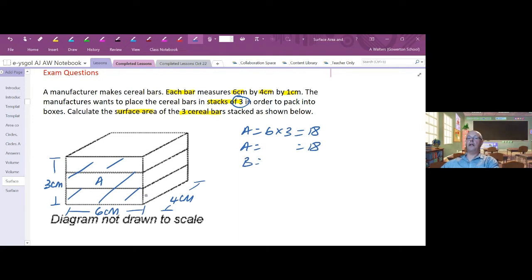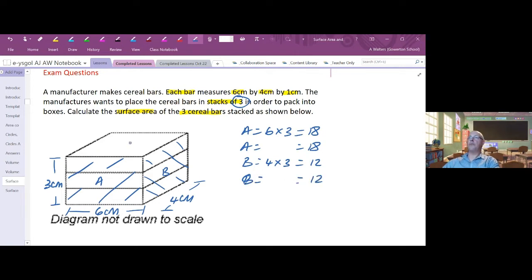There's a side B. Like I did in the first question, and it's 4 going backwards and 3 tall, so it's 4 times 3. And that's on the right hand side, and on the left hand side, it's the same.